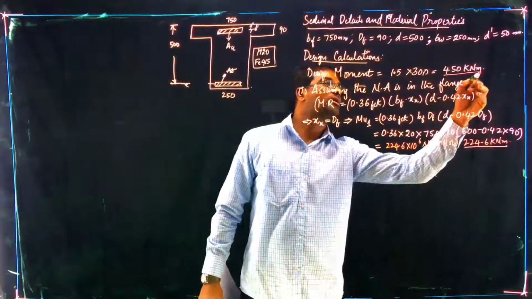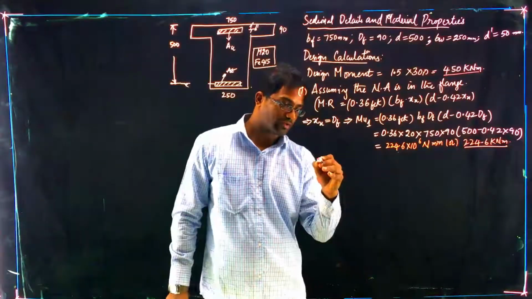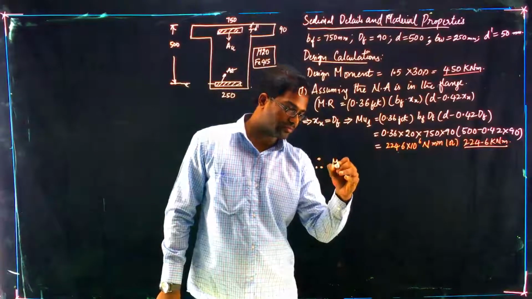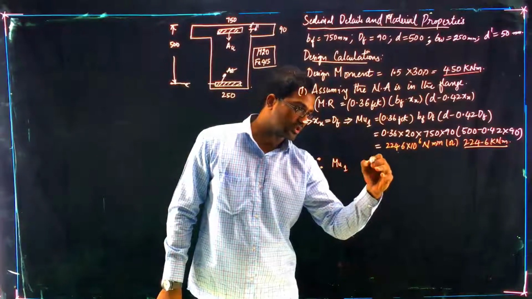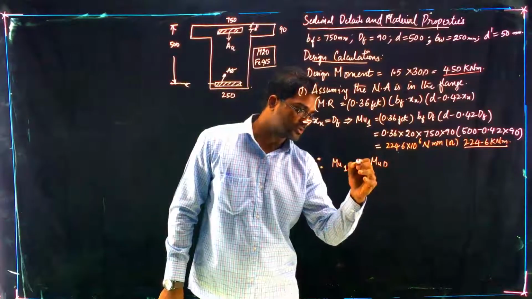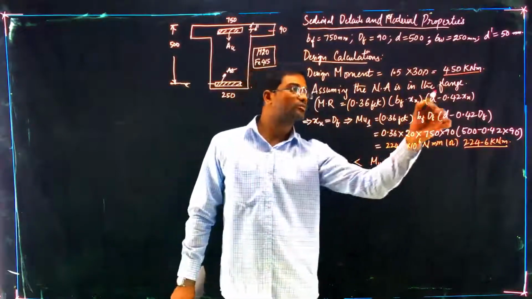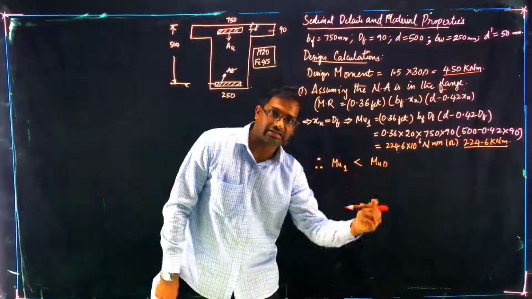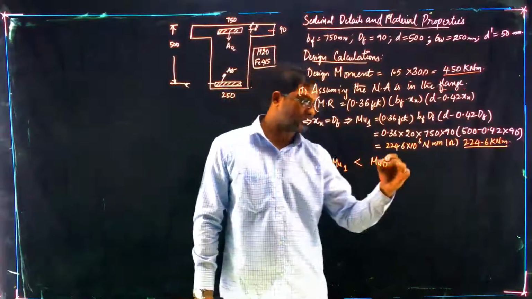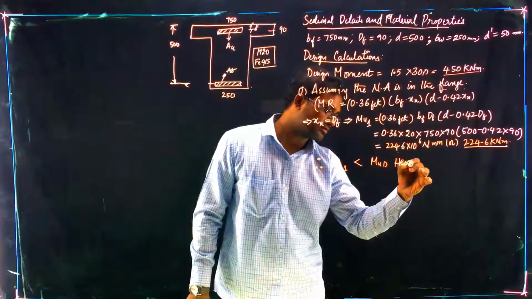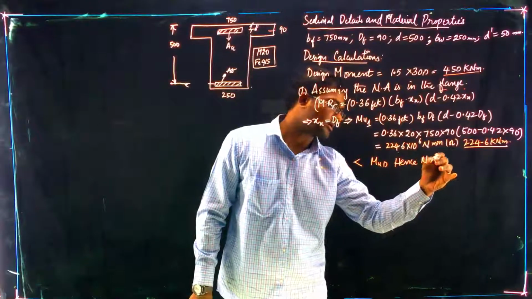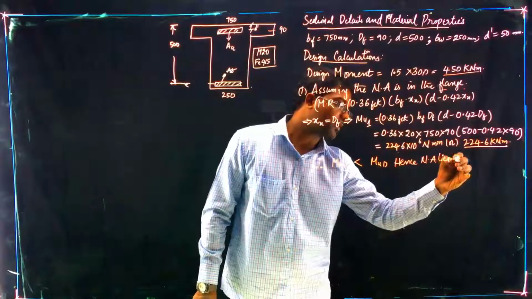Now the design moment is 450, so we compare MU1 with MUD. Because MUD is more, the neutral axis is no longer in the flange; it has shifted down towards the web.